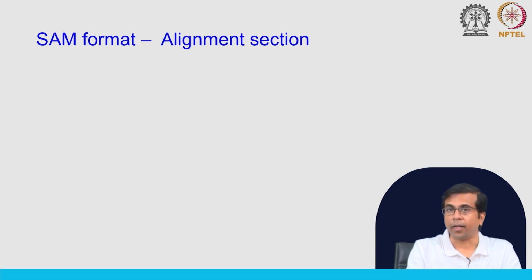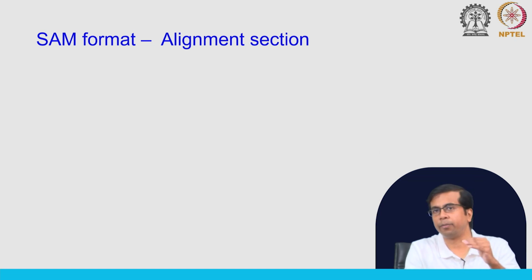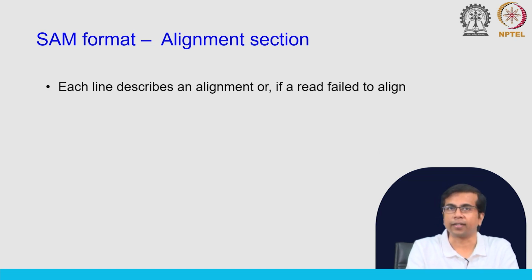So, the alignment section. In the alignment section you have multiple lines, as you have just seen, and each line describes an alignment for a read, or it will tell whether there is a failure. If a read did not align, the alignment section will also say that.